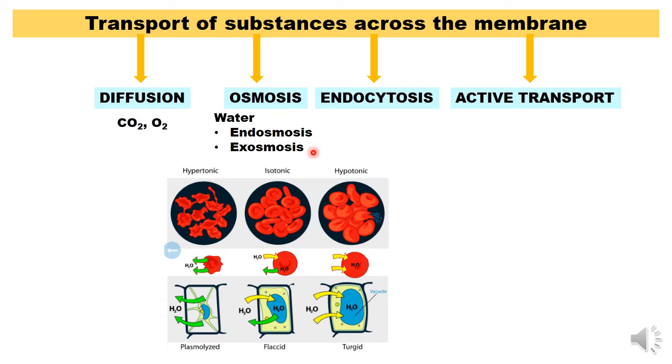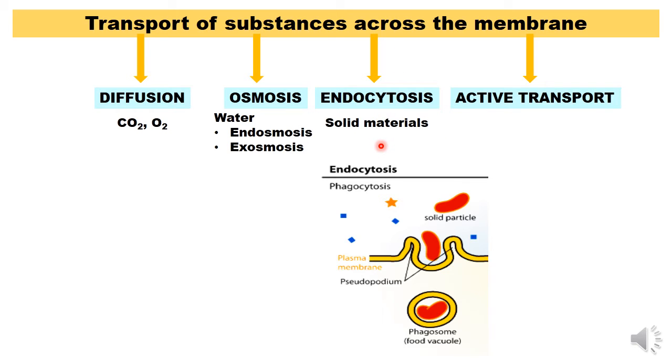Now we have understood how the gaseous and water molecules enter or exit the cell. What is endocytosis then? Well, it is a way to import or expel solid materials.